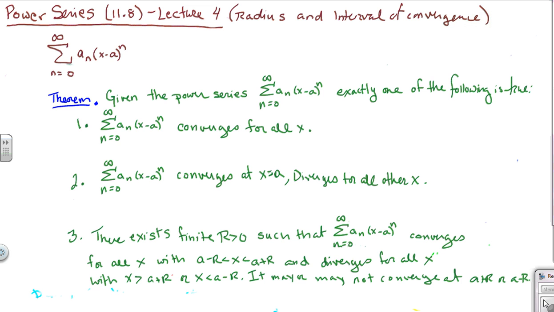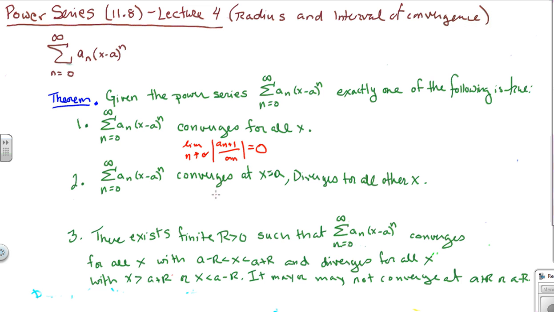Okay, so to summarize what we were just talking about, given the power series expanded around a here, exactly one of the following is true. The series converges for all x, and remember that's going to happen when the limit as n goes to infinity of a_(n+1) over a_n is equal to 0, right?